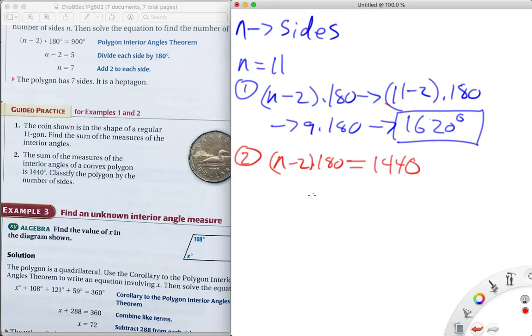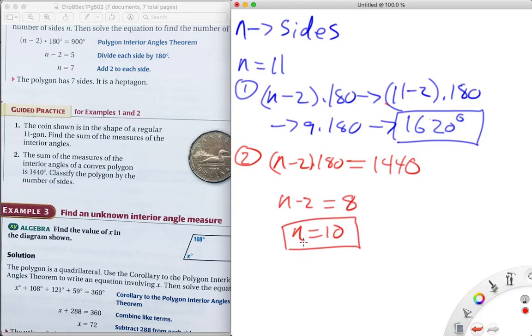So I'll just divide 180 from both sides. That gives me 8, then I add 2. So then n is going to equal 10.